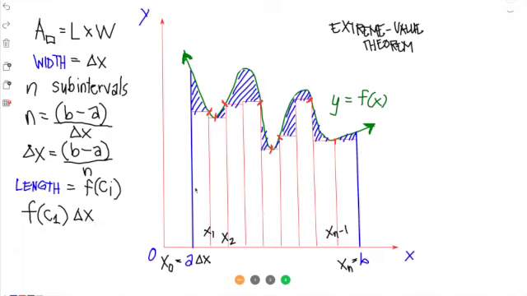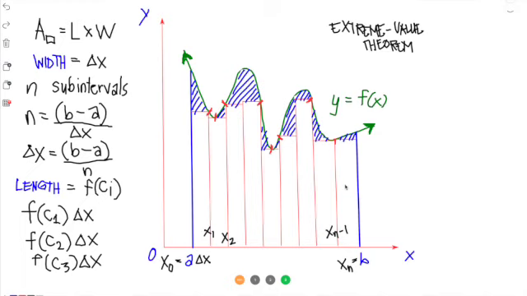For the second rectangle, f of c sub 2 delta x, and you can see the pattern, f of c3 delta x, until we reach f of c sub n delta x for the number of subintervals that we have.